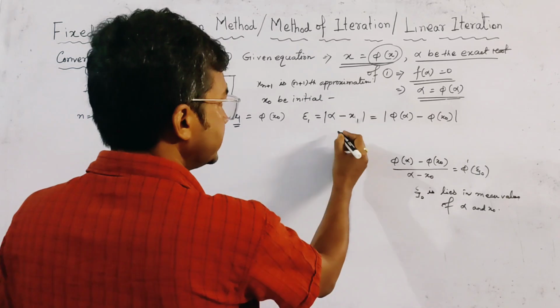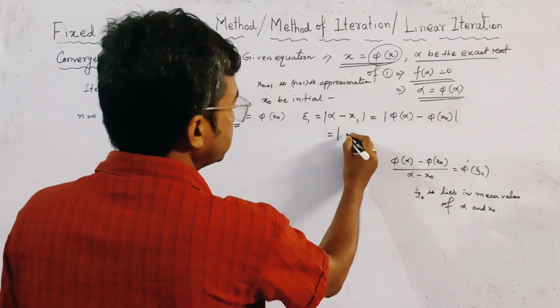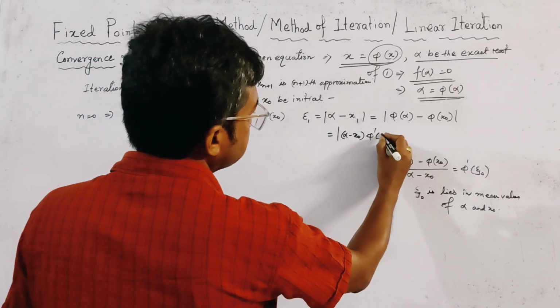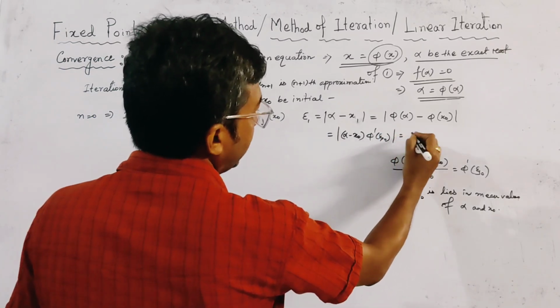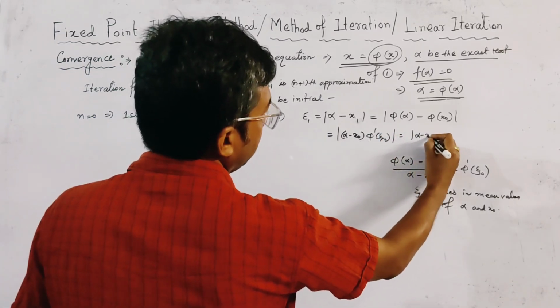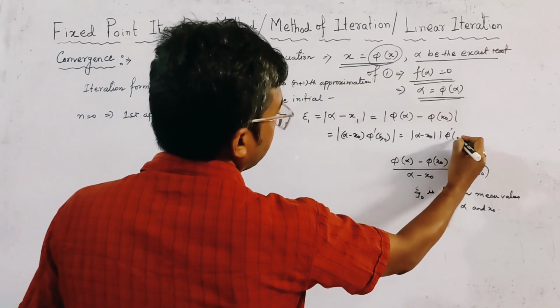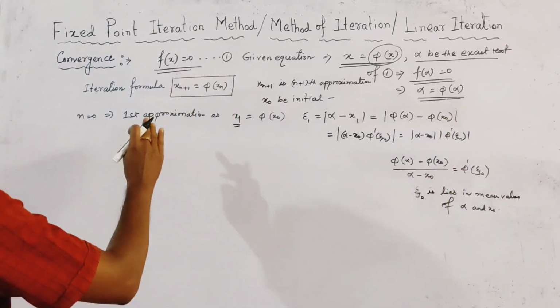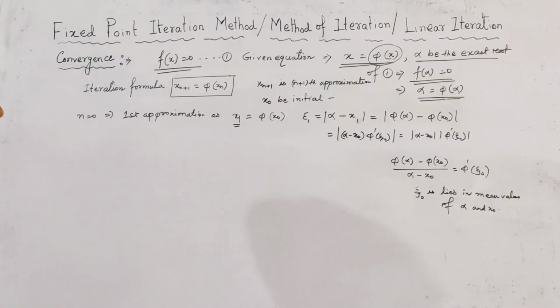We get the relation as mod of alpha minus x0 into phi dash xi0, and this is mod of alpha minus x0 into mod of phi dash xi0. We get this relation from the Lagrange mean value theorem.